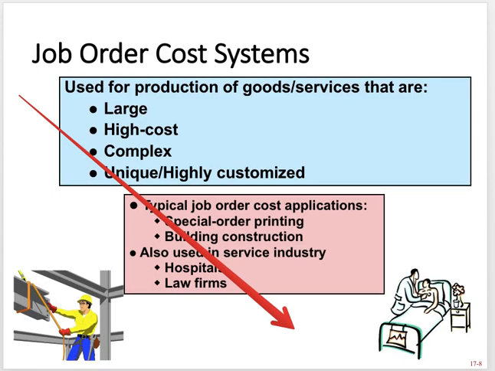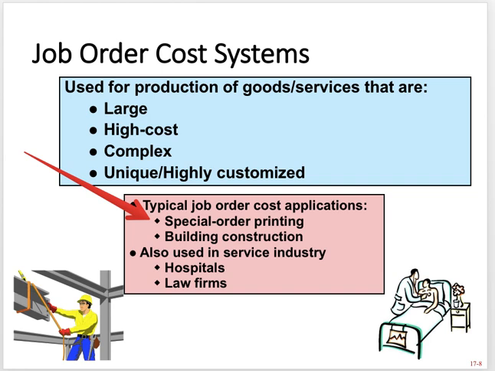The types of companies that would use job order costing systems are companies that make products that are large, high cost, complex, or unique or highly customized. Some examples of this would be any kind of special order printing, whether that be screen printing on a t-shirt, printing on a banner, or printing books.